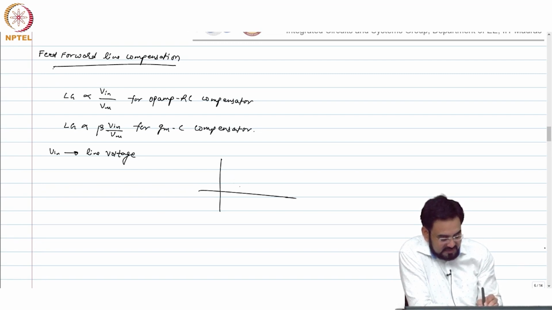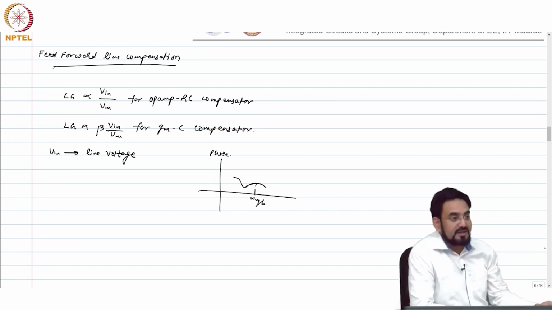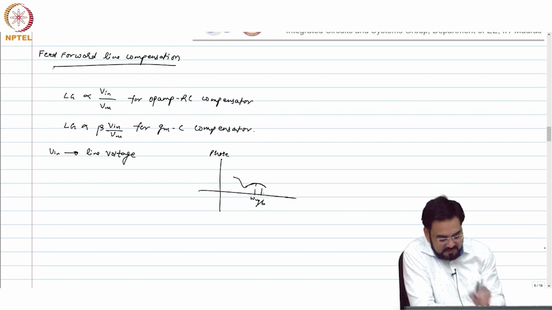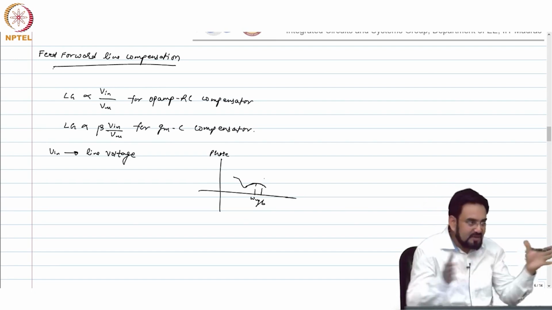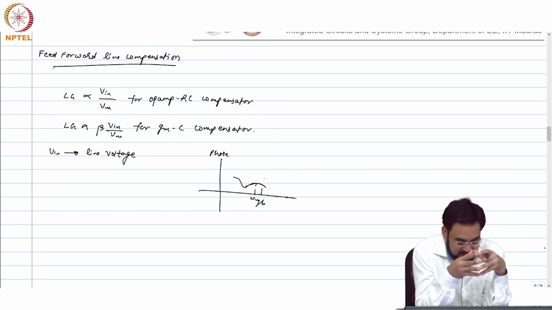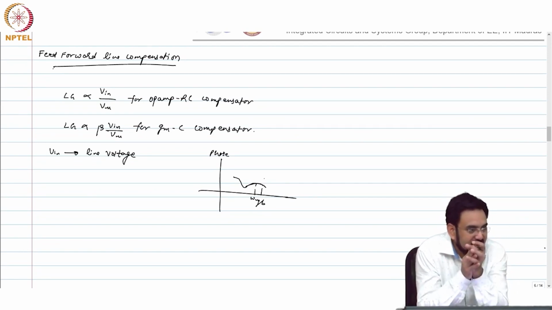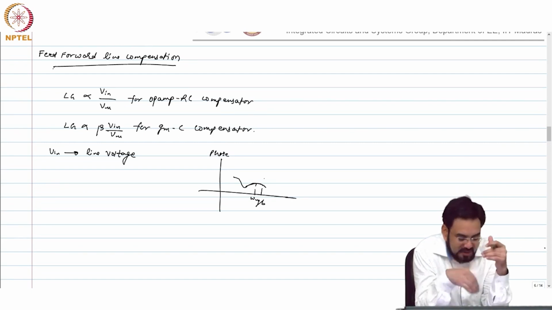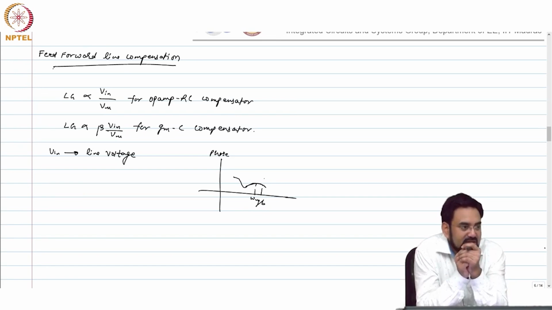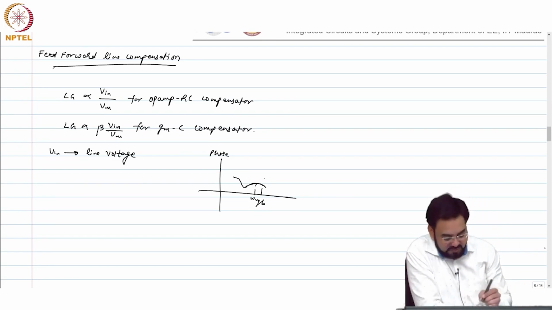If you remember, the phase was looking something like this, and this was your omega UGB. If this remains flat for a larger range of frequencies, then at 2x you may still see a good phase margin, but that is not necessary. It depends on the shape of your phase response.